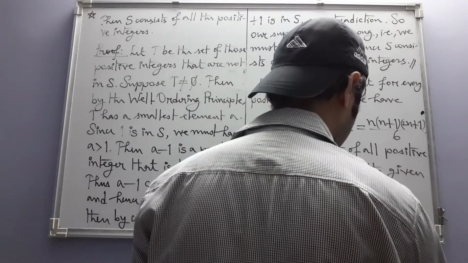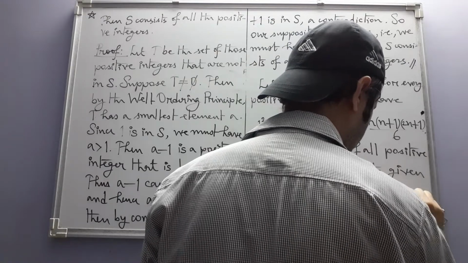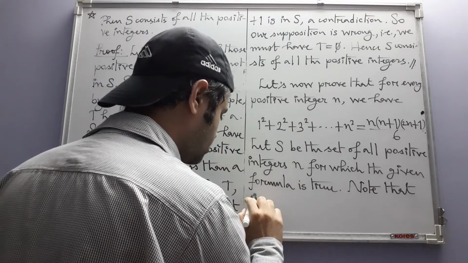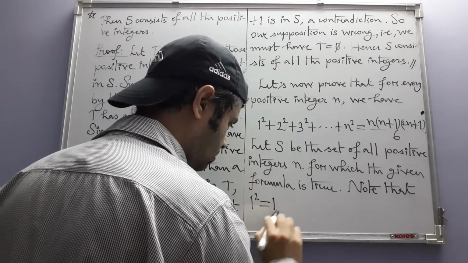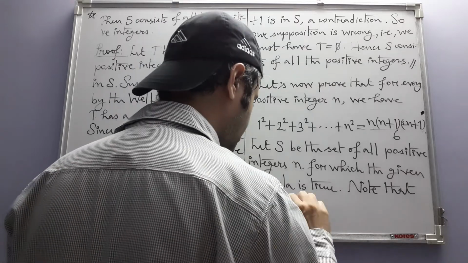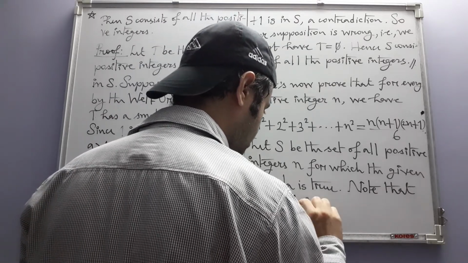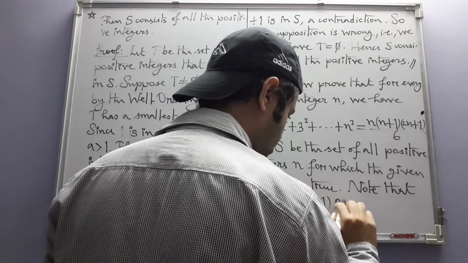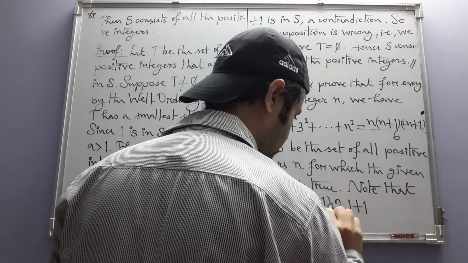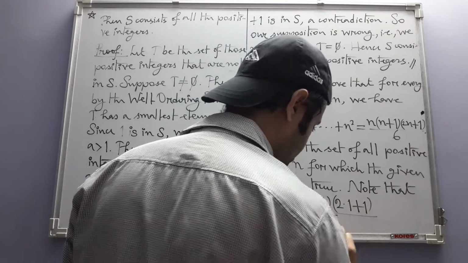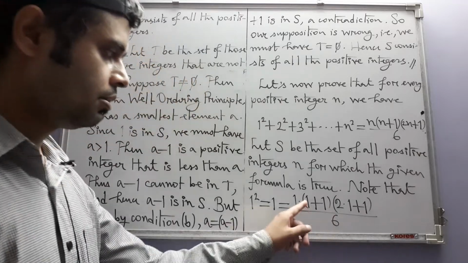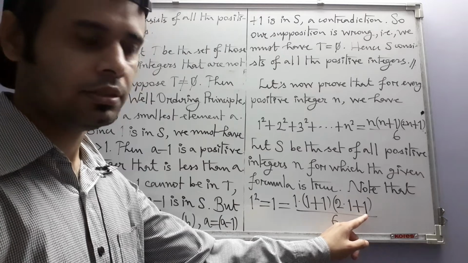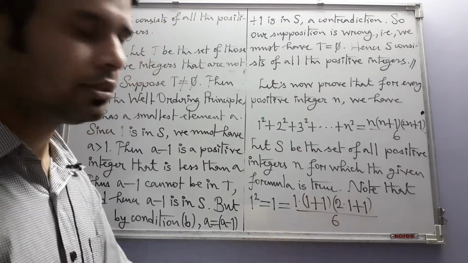Note that one square is equal to 1, which is also equal to 1 times 1 plus 1 times 2 times 1 plus 1 divided by 6, because here one of the factors will be 2, the other factor will be 3, so ultimately we will get 1.